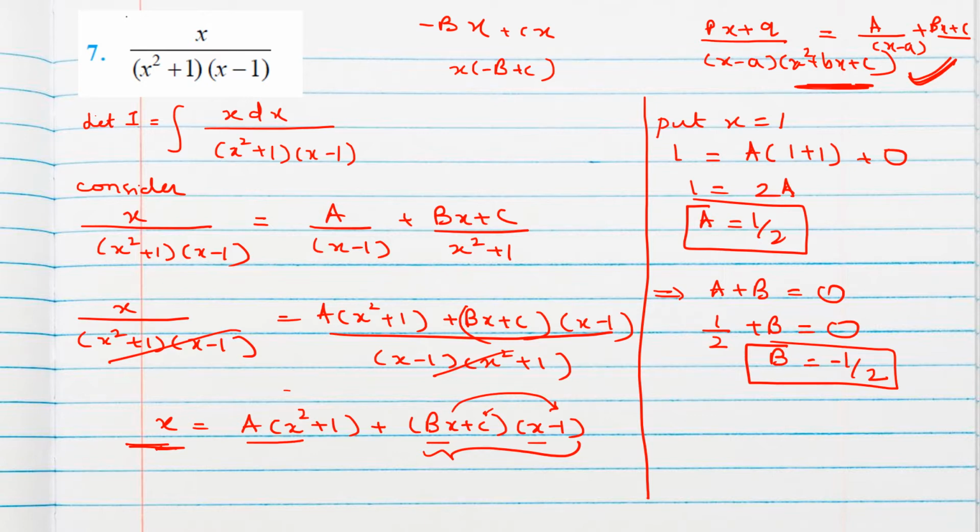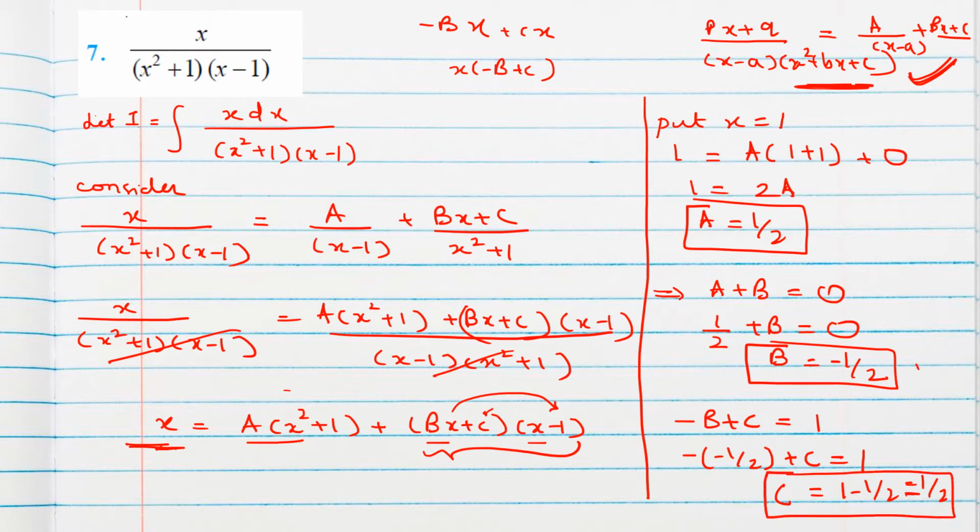So minus B plus C is 1, but B is minus half, so minus of minus half plus C equals 1. So C is 1 minus half, that is half only. Okay, so C is 1 by 2, B is minus 1 by 2, and A is 1 by 2.